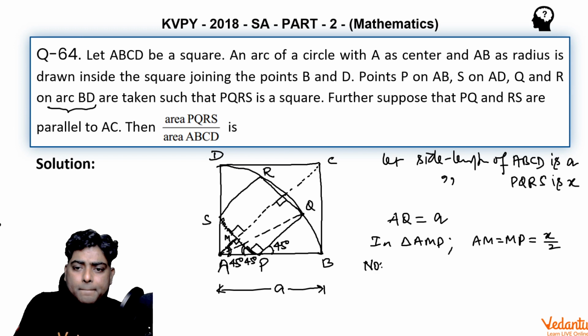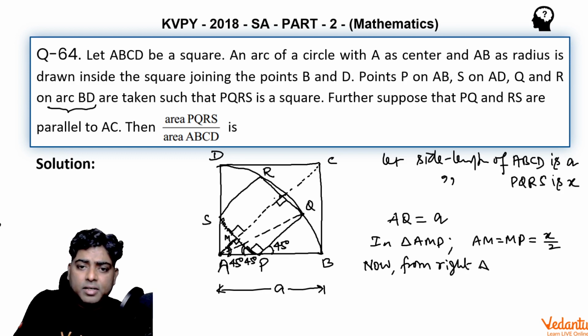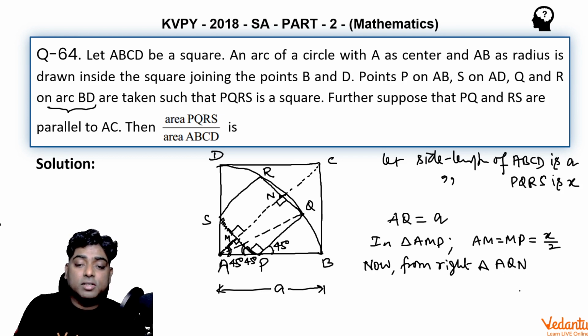Now, from the right angle triangle, let this be N, the midpoint of RQ. So this is a suitable triangle from where we will get the relation between x and a: right triangle AQN, because Q was very important to consider, as its distance from A is equal to the radius of that circular arc, and that is a.